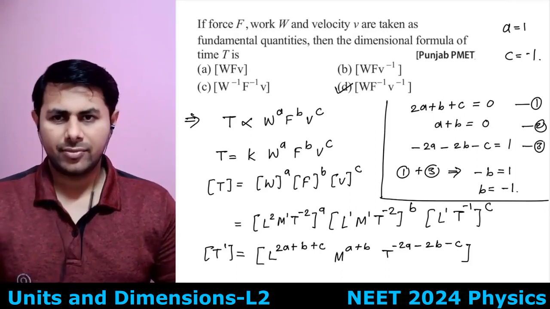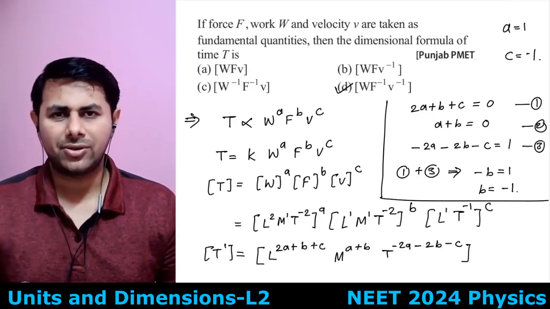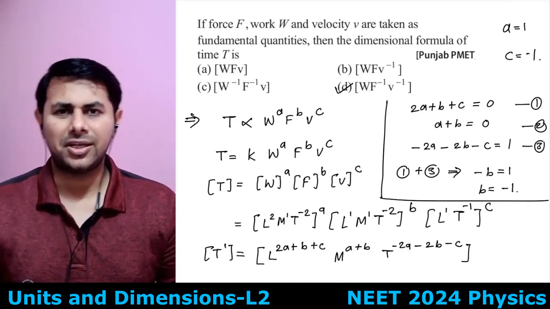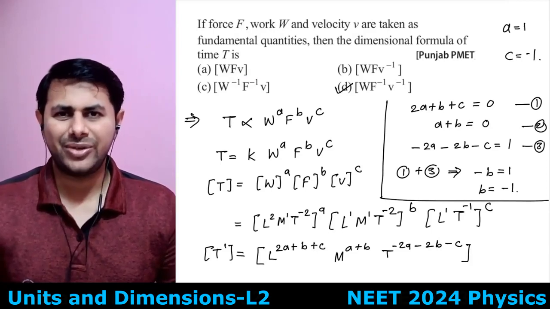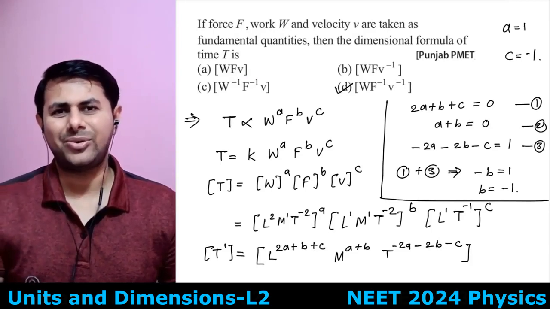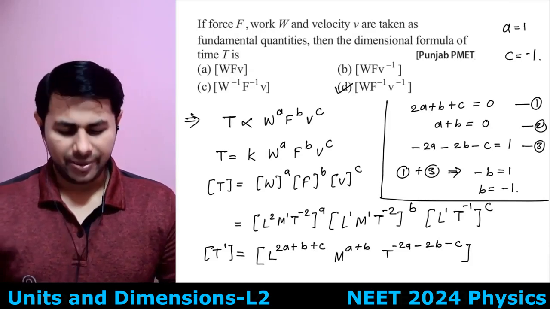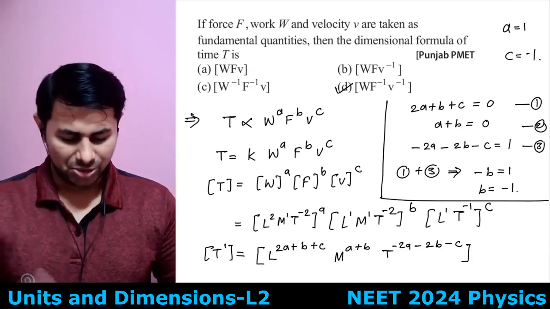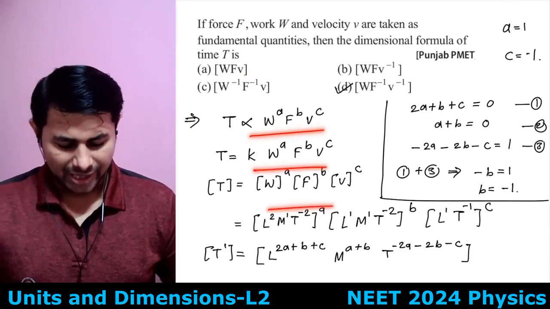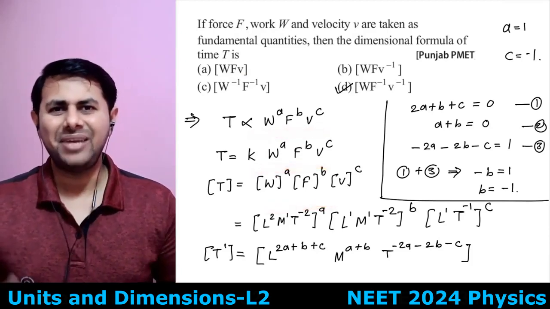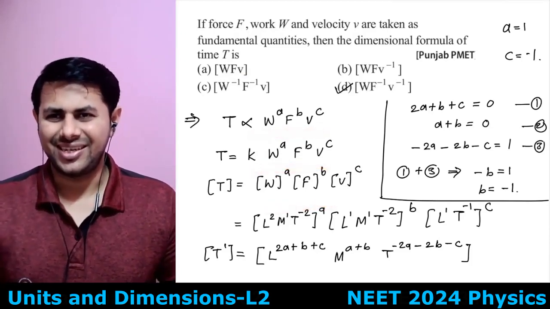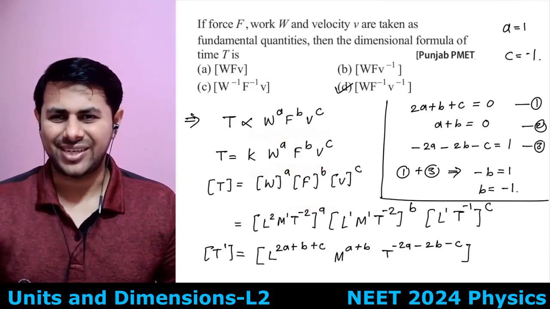Because if you have the universal gravitational constant, then Planck's constant, then epsilon, that means permittivity, first you will need to find out the dimensions, and then you will substitute. In this method it will take 10 minutes or something, so you don't have that much time.